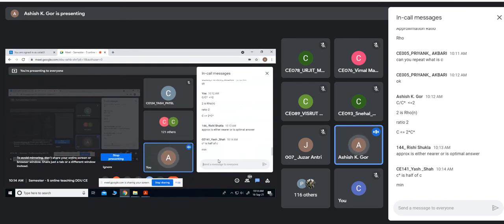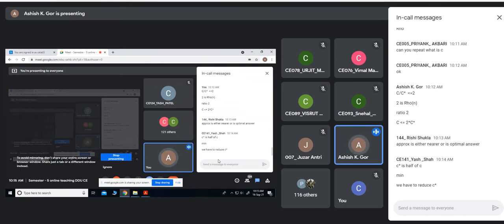Because when I am minimizing, the optimal answer is the minimum one, and the approximate answer can go beyond the actual minimum. So how far can it go from the actual minimum? I'm saying the maximum C can take is 2 times C star.